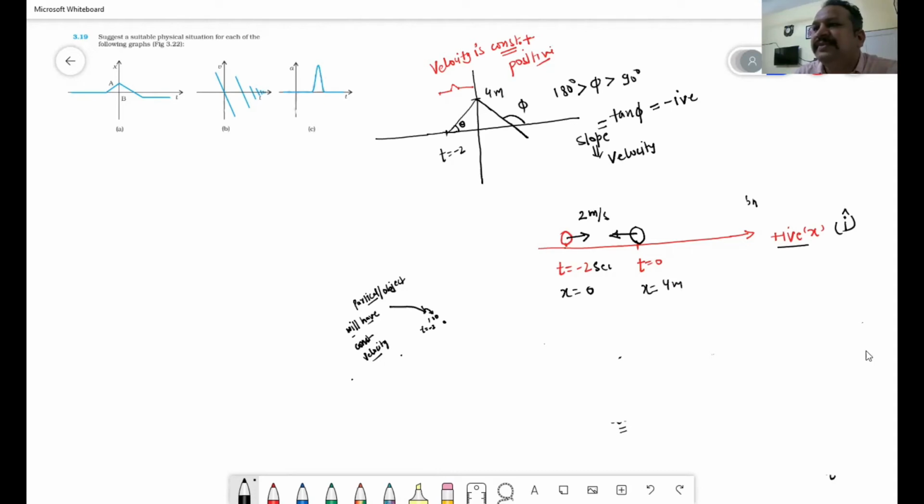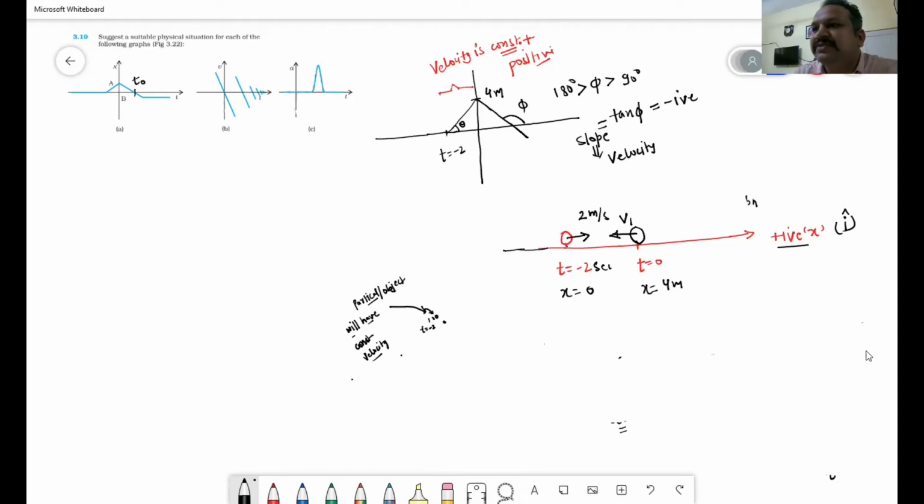Now again it will change its direction of motion. These slopes, I am assuming, have some velocity v1, and this will move and cross, because at this time, suppose I am taking t0, at time t is equal to t0, again this ball will reach this point, x equal to 0.